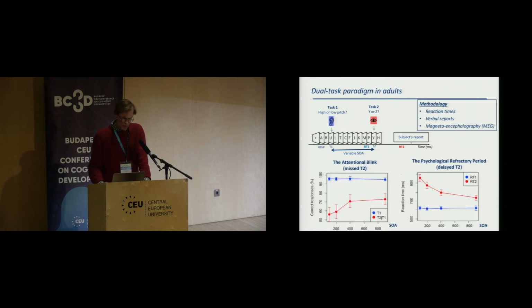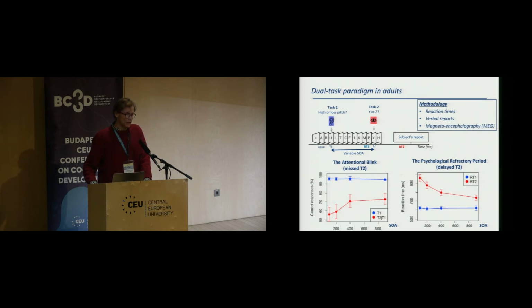So two important results, as you can see on the left part: when you look at the blue curve, meaning the number of correct responses to T1, there is no effect of the lag or SOA. The curve is flat. But when you look at the red curve, for short SOA, there is a drop of performance. So there are trials that are missed. That's what we call the attentional blink.